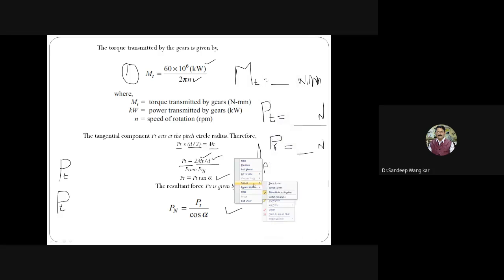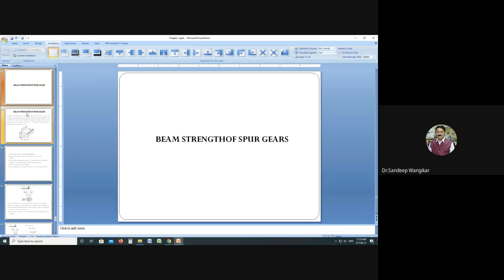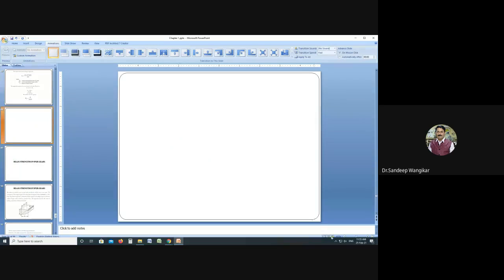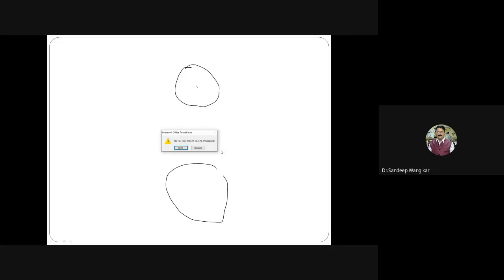I have already explained the directions also. But if you want one additional thing on the directions, just try to concentrate here. Assume that this is the pinion, the smaller part, and this is the gear.